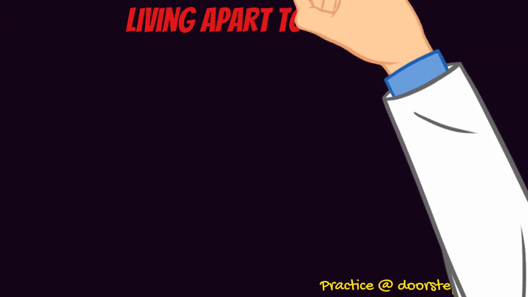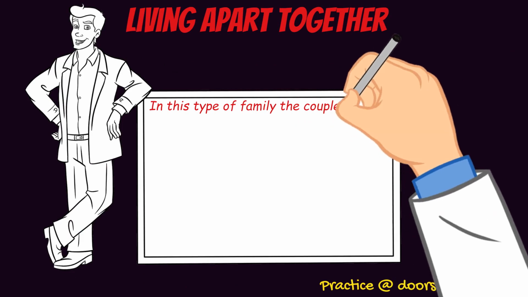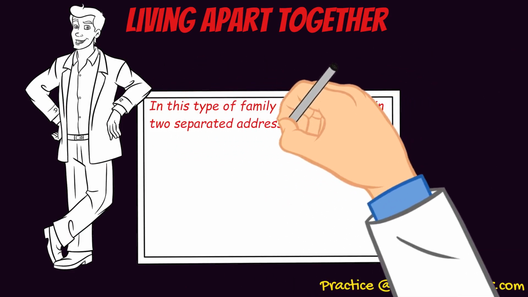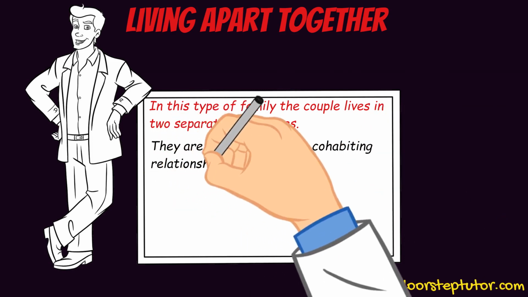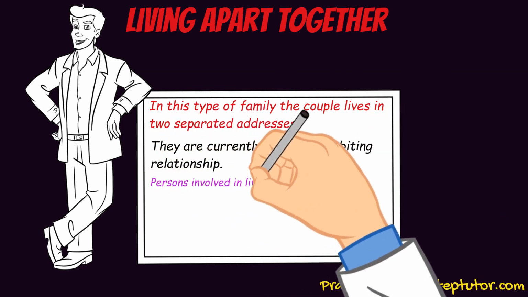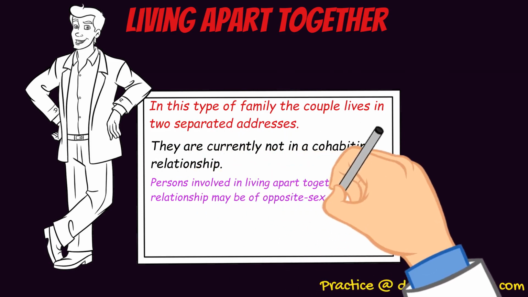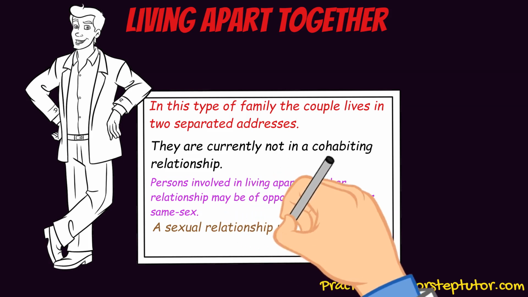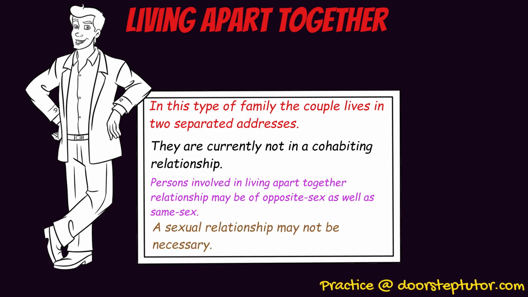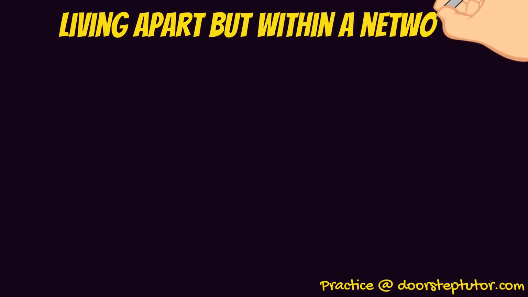Living apart together family. In this type of family, the couples live in two separate addresses. They are currently not in a cohabiting relationship. Persons involved in living apart together relationship may be of opposite sex as well as same sex. A sexual relationship may not be necessary in this type of family. Living apart but within a network.